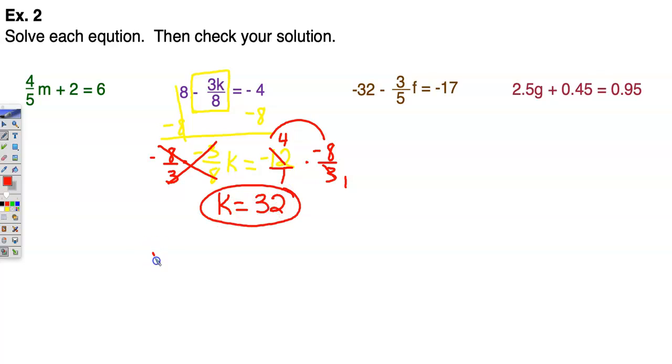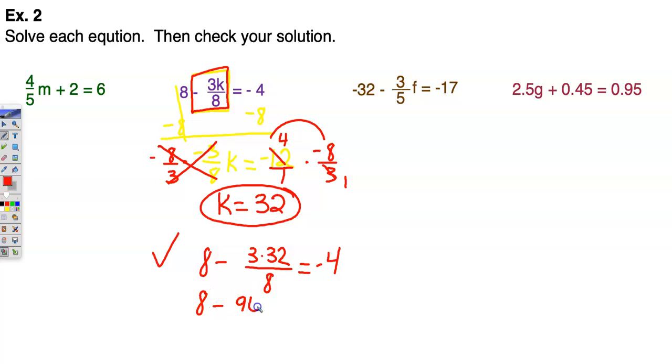So let's go ahead and check that. So we have 8 minus 3 times 32, because it says 3 times k up here. We're going to divide that by 8. So we have 8 minus, that would be 96 over 8, equals negative 4.